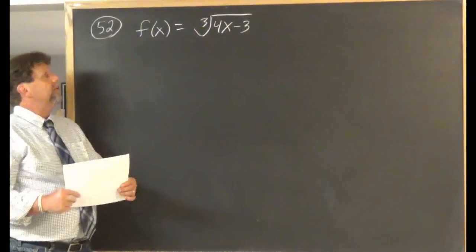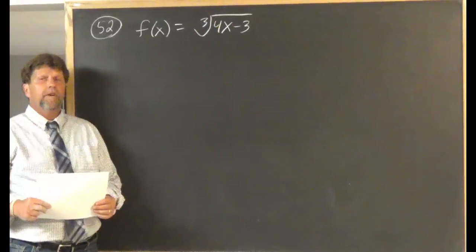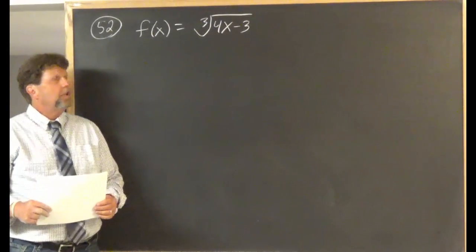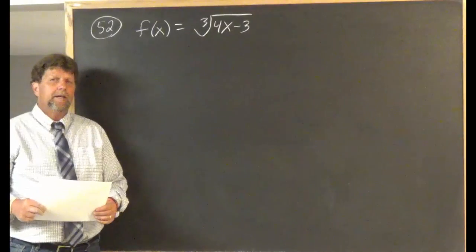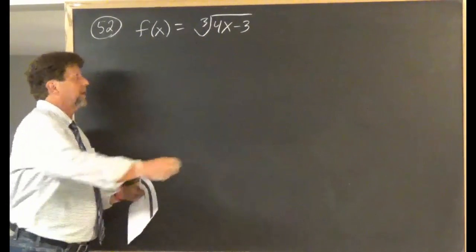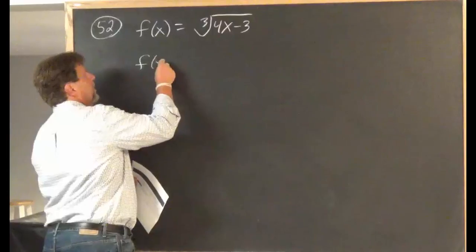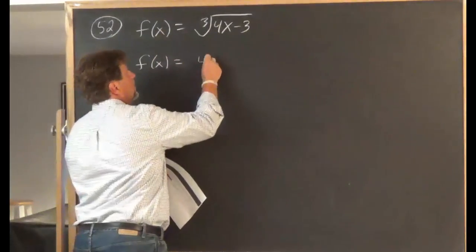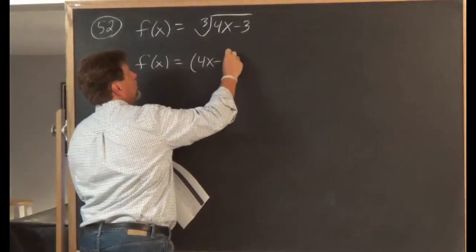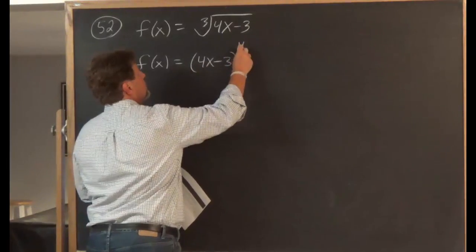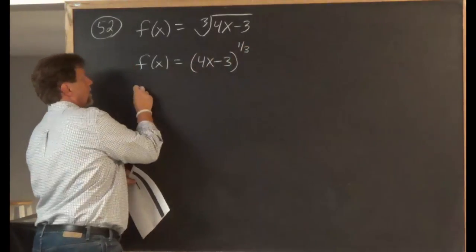In number 52, you're asked to differentiate the function f of x equals cube root of 4x minus 3. So, first thing we do, rewrite the radical. So cube root becomes 4x minus 3 to the 1/3 power.